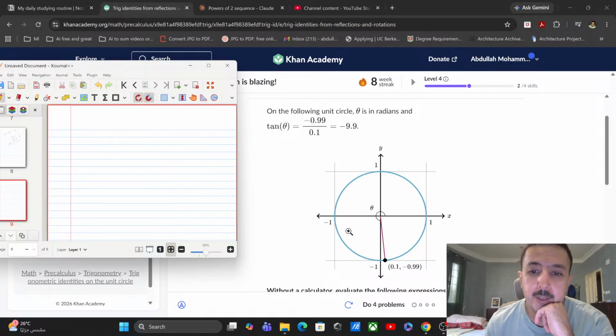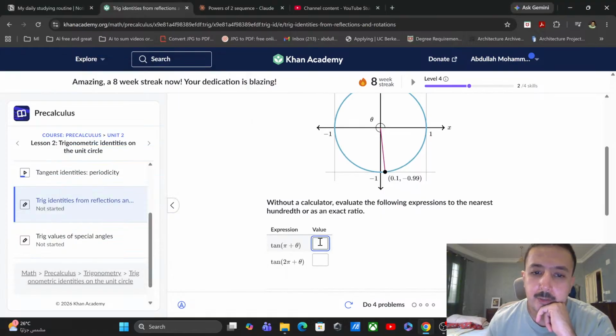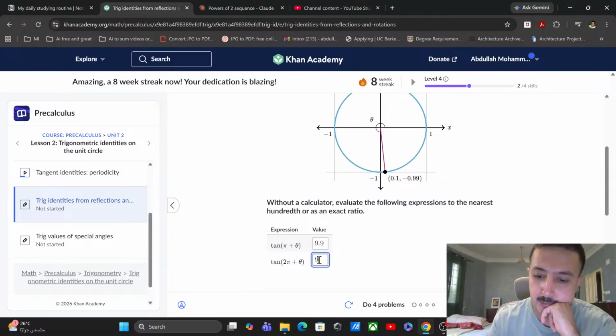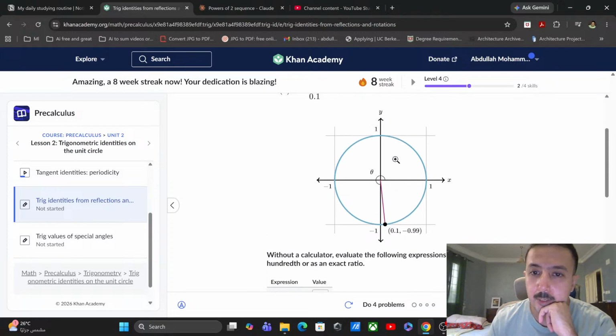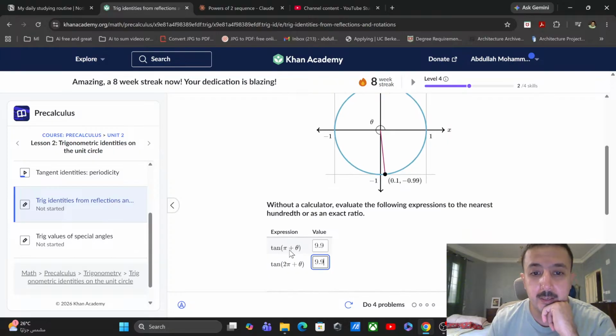Pi plus theta is going to be here. So it's going to be positive, positive. So this is positive and this is positive, which means it's 9.9. And here also it's 9.9 because it's positive, positive. Am I correct? Wait.